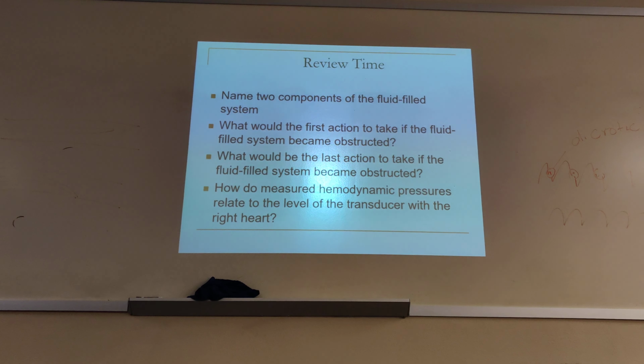What would be the last action to take? We're going to flush, and it's more dangerous to do that. Try these other two things first, and then you can flush. Hopefully it's not a blood clot at the tip, because once you turn it loose, it will follow the blood flow and go somewhere. Maybe it will cause a problem.